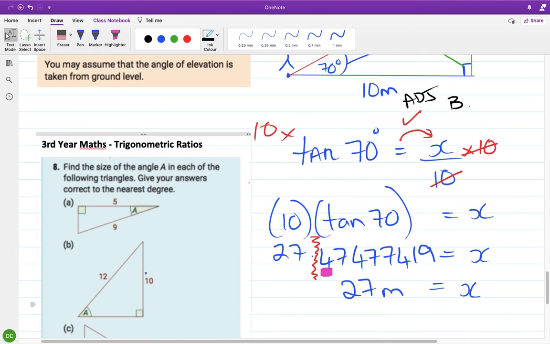So you basically work off the 2 that they've given, and based on that decide whether it's sine, cos, or tan. I know this question asks you to find the size of the angle, but don't worry about that last step. It's so easy to do, but don't worry about it.